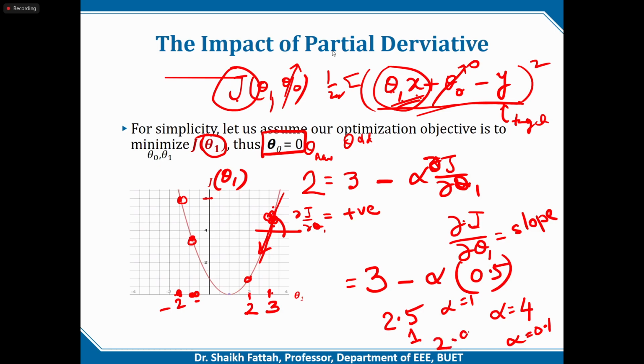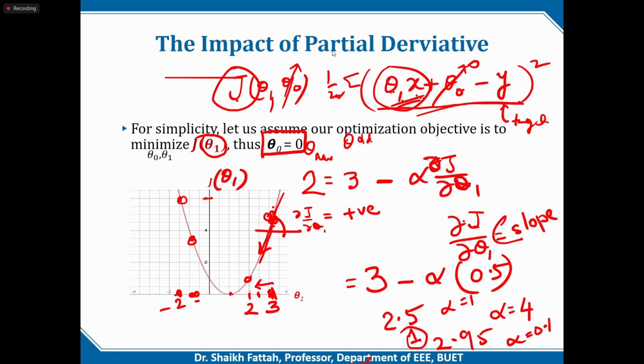So this value is 2.95. So what you can see from here, you are moving towards this direction. But depending on the alpha, you can have a value 2.5. You can have a value 2.95. You can have even a value 1.